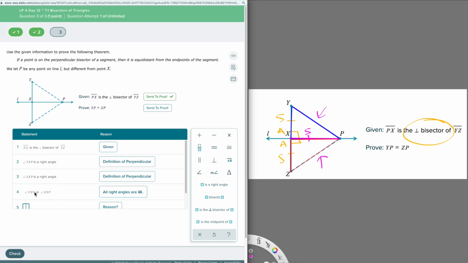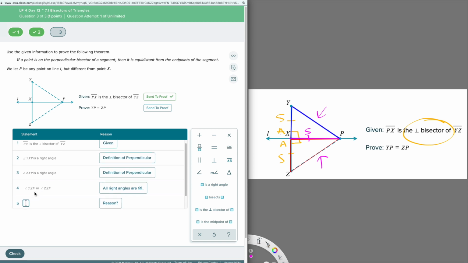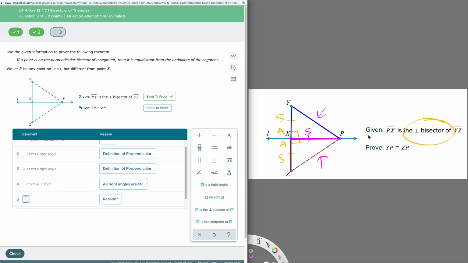Now I get to deal with the bisector part of perpendicular bisector. So now I can go with XZ. You know what? They don't have the lines over, so I'm going to go ahead and do segment XZ is congruent to segment YX.